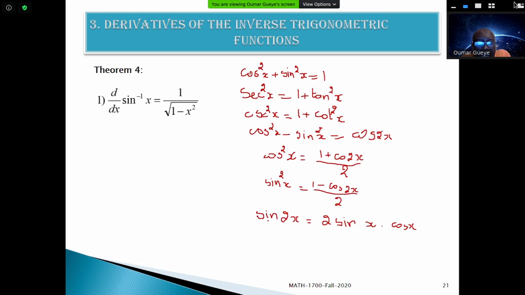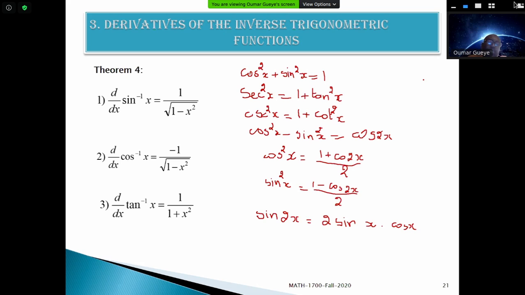When needed, I'll give you more formulas. We already proved number 3, and to do it we used this formula. Any question? You good?